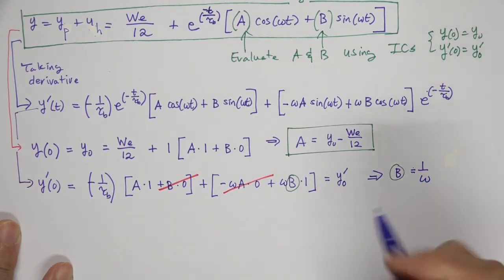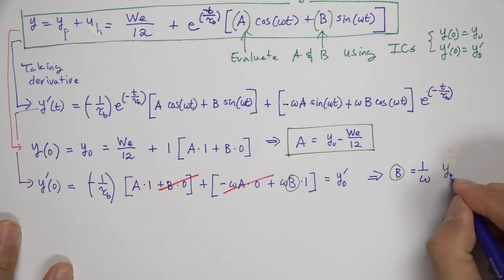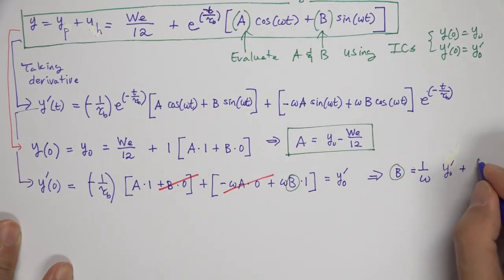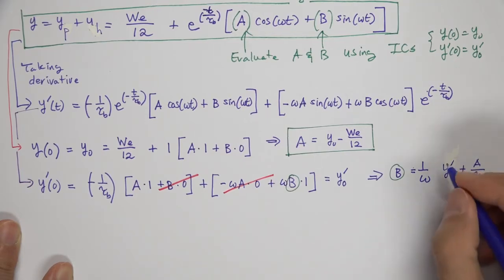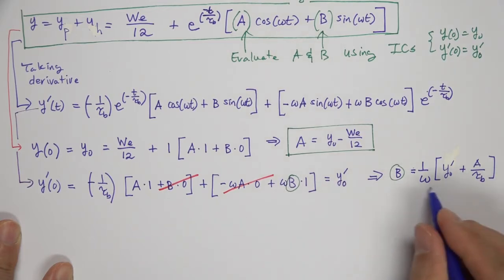This y 0 prime, that one, plus this term, plus a over tau b divided by omega. That's what I did.